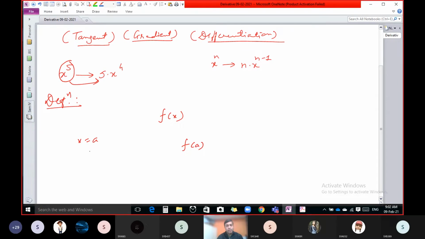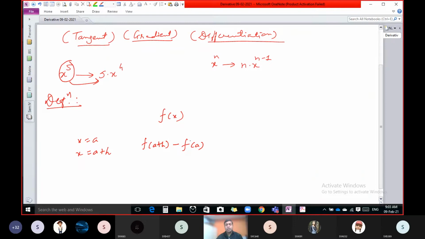Now instead of a, if we put x equal to a plus h, and calculate the value of the function, we get f of a plus h. The difference of these two values shows the difference in the value of the function if we change the value of x from a to a plus h.